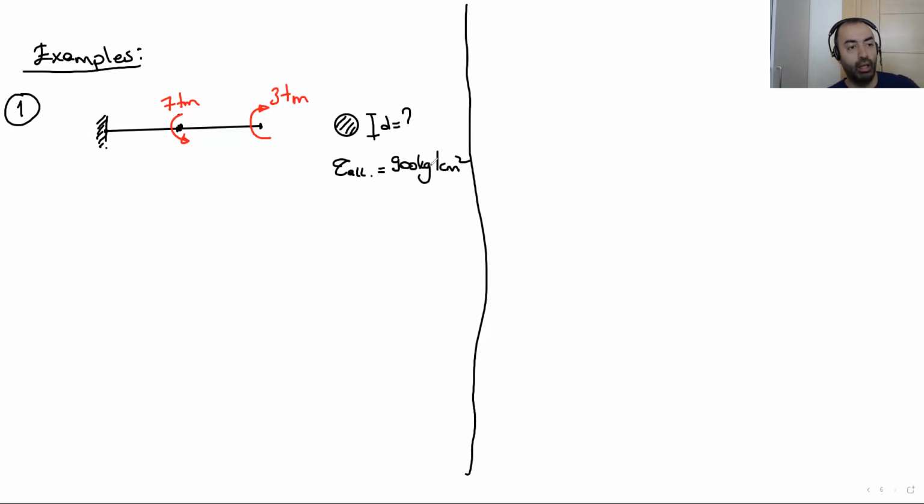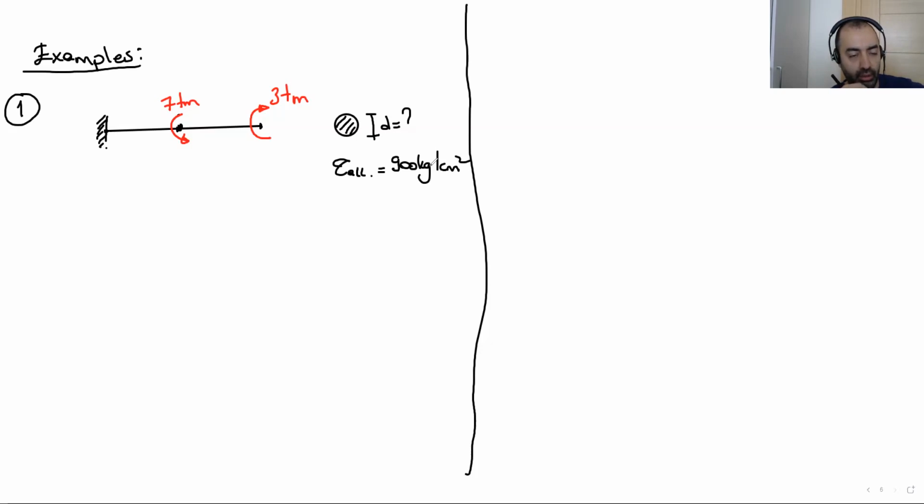Okay, here we have a cantilever beam. On this beam, we have two different torsional moments. One is 7 ton meter, the other one is at the end of the cantilever, which is 3 ton meter. And the section of this cantilever beam is a solid circular section.